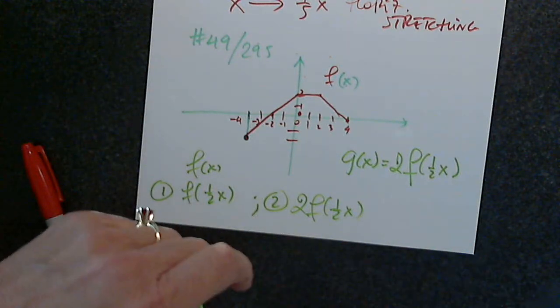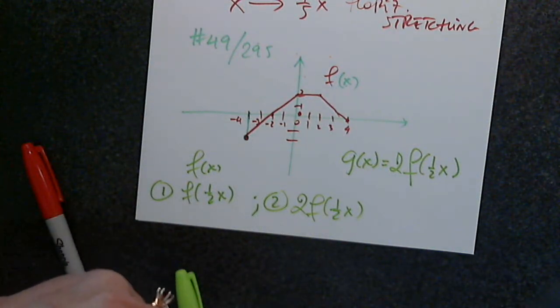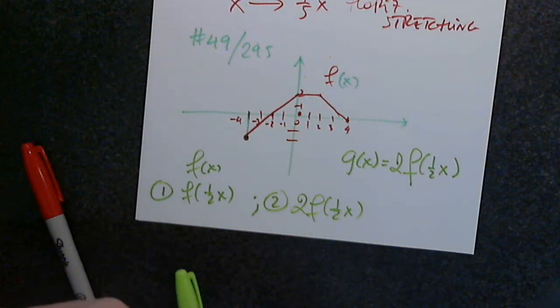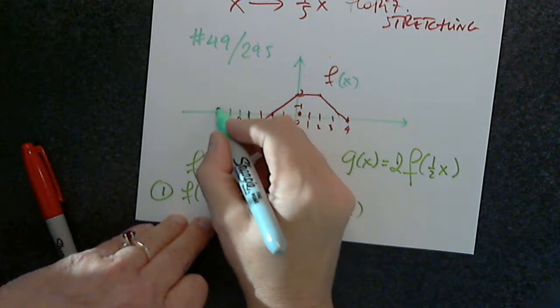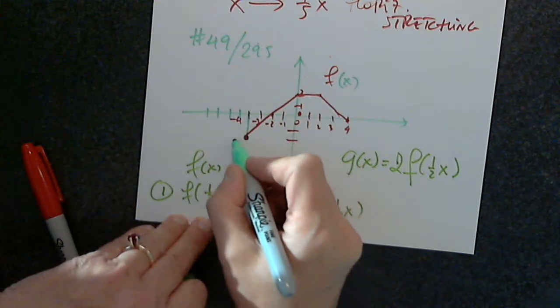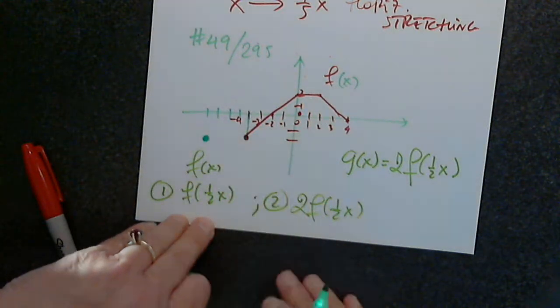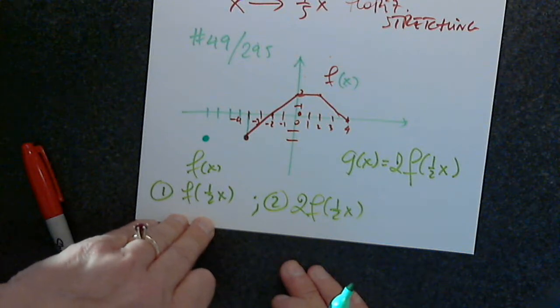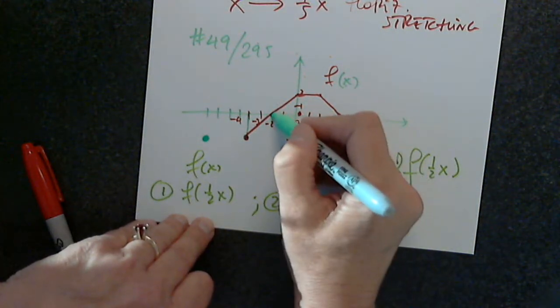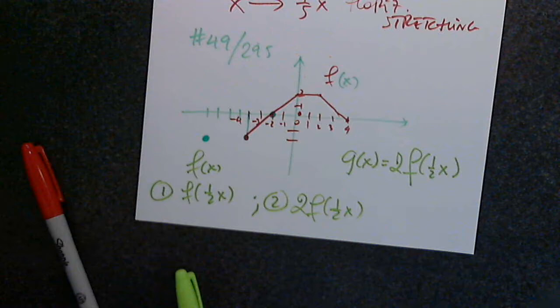What did we say we were going to do? We said we were going to multiply -4 by, what do we get? -4 times 2 is perfect. So at the same horizontal level, the point moves here. This point is at -2. Where does it go?